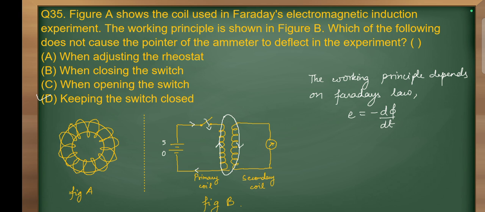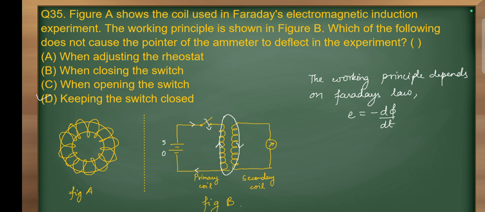When the switch is closed, the potential will rise from 0 volt to 5 volt. That means the current is increasing, so the magnetic flux linked with the primary coil will also increase, and that will lead to an increase in flux in the secondary coil. So there will be induced EMF in the secondary coil.